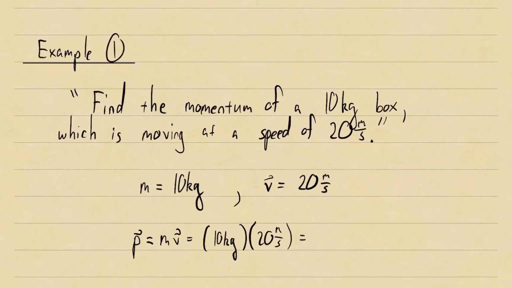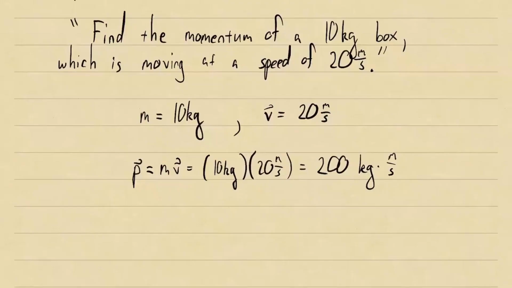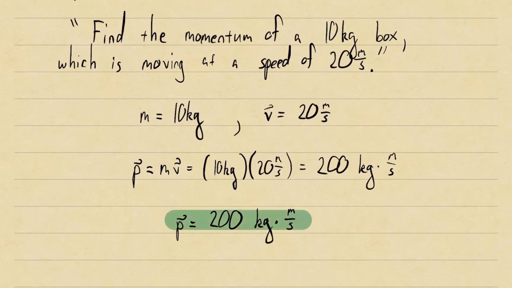And this gives us an answer of 200 kilograms times meters per second. In this case, the fact that this is positive indicates that the momentum is pointing to the right. So, a fairly short problem.